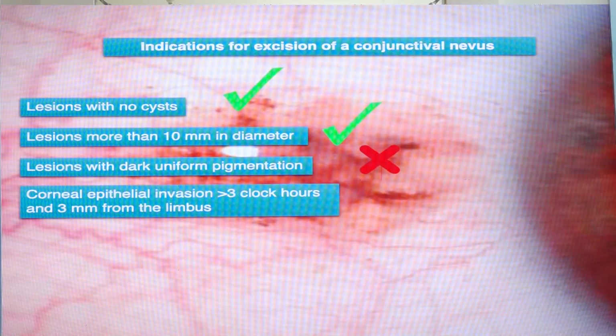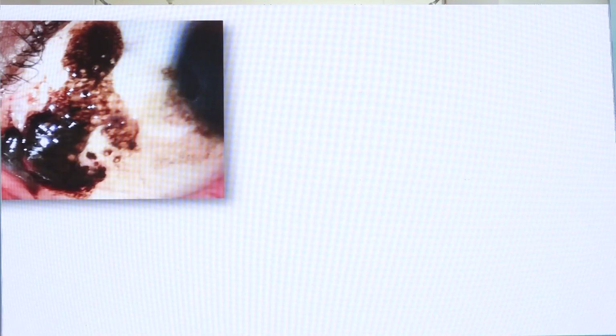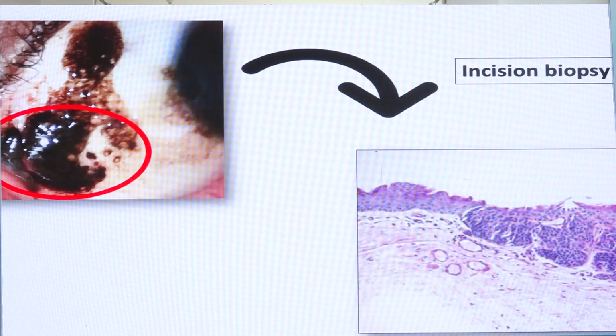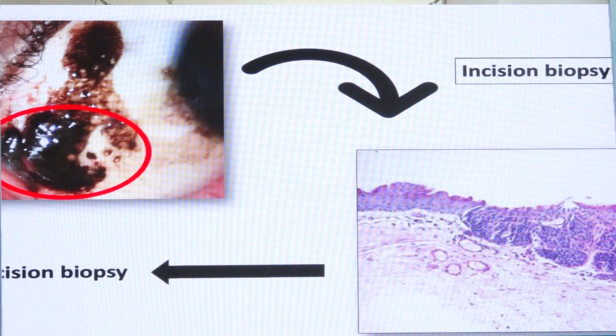A lesion which has very uniform dark pigmentation, showing that it is turning into a malignant one, and it is involving the cornea. All these points tell that you need to excise this nevus. So we did an incision biopsy, and that showed that this turned out to be a melanoma. So a nevus can turn into a melanoma, and then we had to do an excision biopsy and go further.